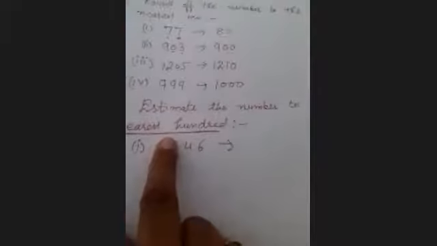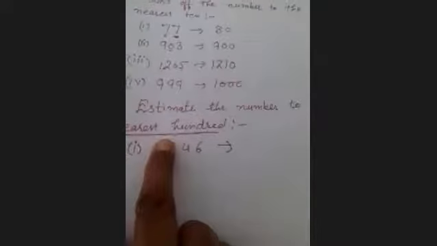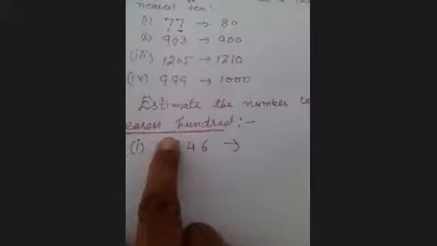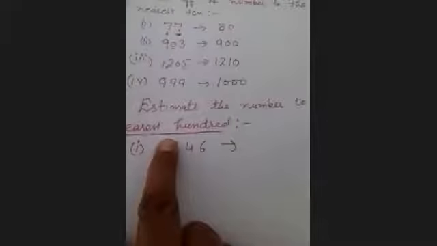Now students will put a finger on the hundred place value. Ones, tens, hundred. So this is our hundred place value. Now put your finger here and observe the next number. The next number is 4.